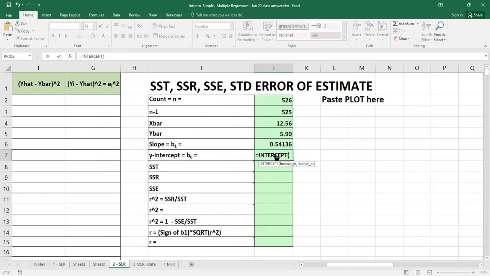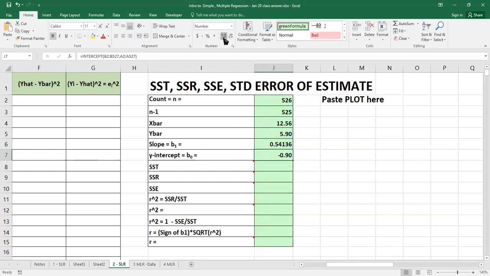Copy ko na lang tong intercept. Okay. Oops, namali. B2 kulang ng 7. Okay, negative.